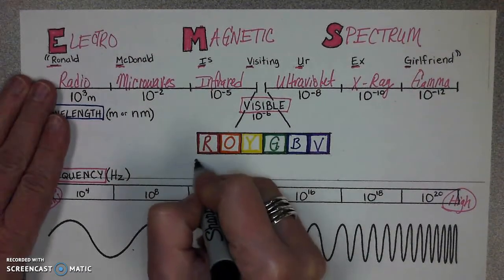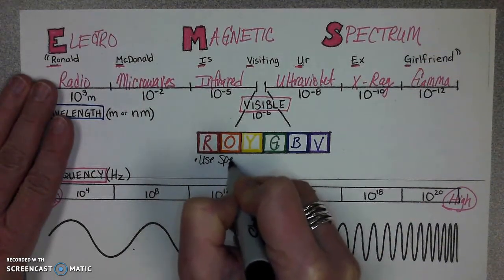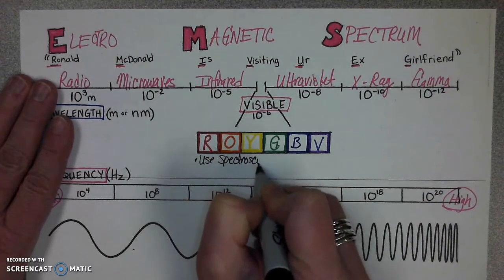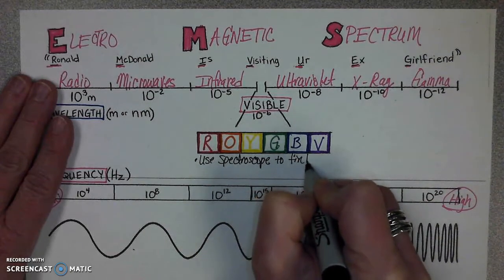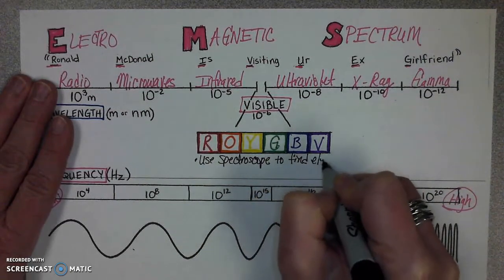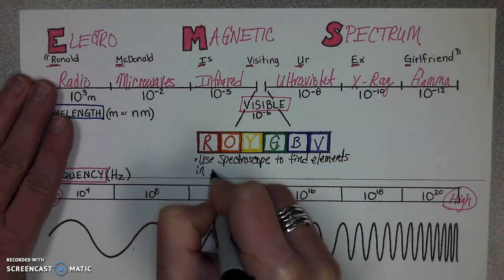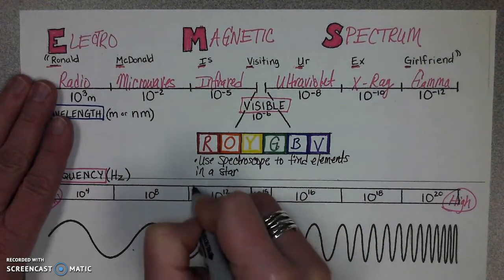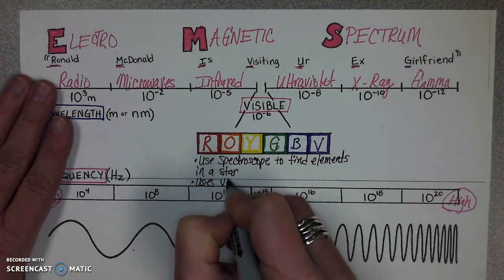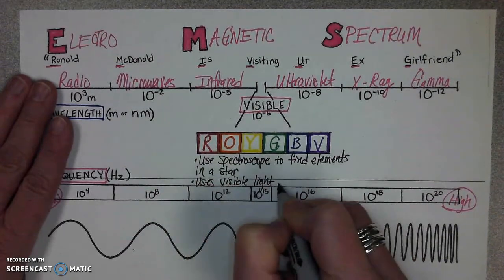So something interesting about this is we use a spectroscope to find elements in a star. And this is something we're actually going to be doing and that you're going to get to see. And to do this, we use visible light waves. All right, so pretty cool.